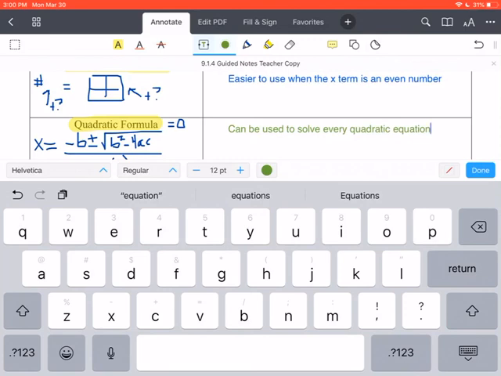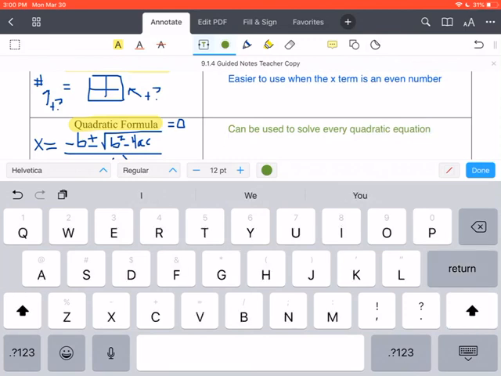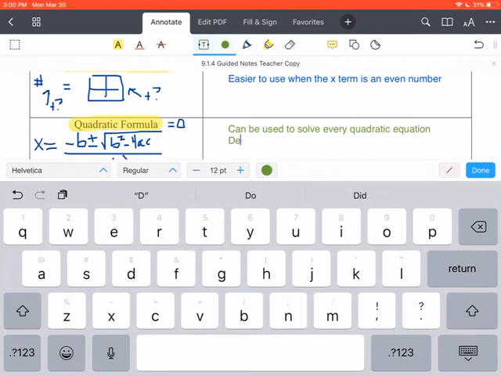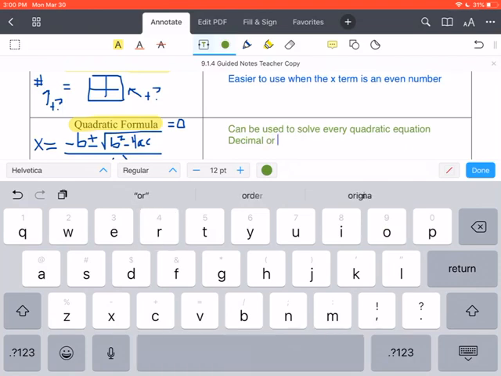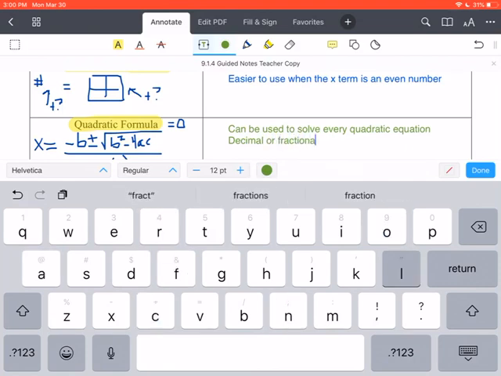Okay, but quadratic formula, sometimes we kind of have no choice. When are we going to use that? We are going to use quadratic formula when there are decimal or fractional coefficients. When we see messy numbers, we don't need to work our minds harder than they need to work. Why don't we just go ahead and plug in like a robot into a formula and get those answers with a calculator, okay?